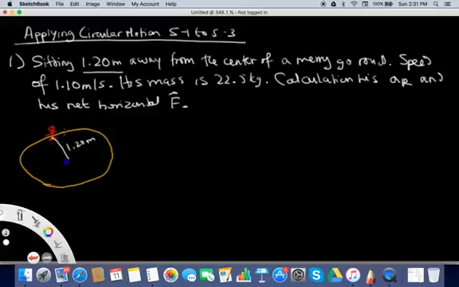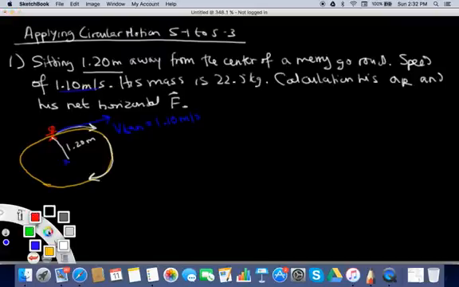If the merry-go-round is turning in this direction, his tangential velocity would be, as the problem gives it, 1.10 meters per second. They give us two pieces of information, which I drew onto our diagram.